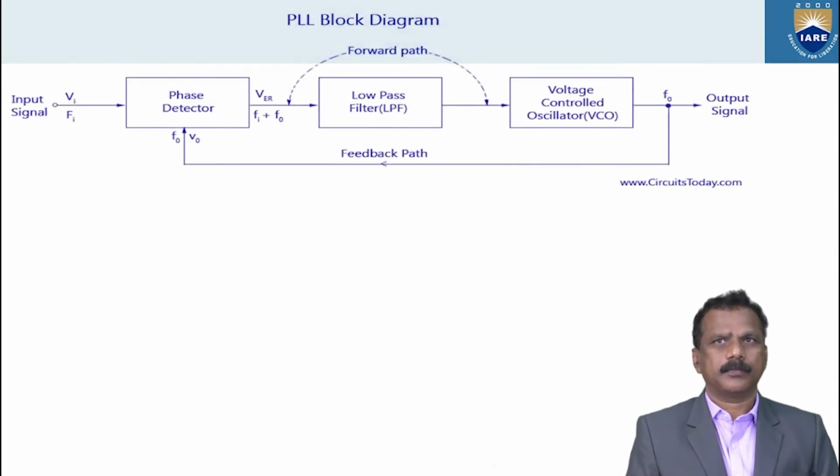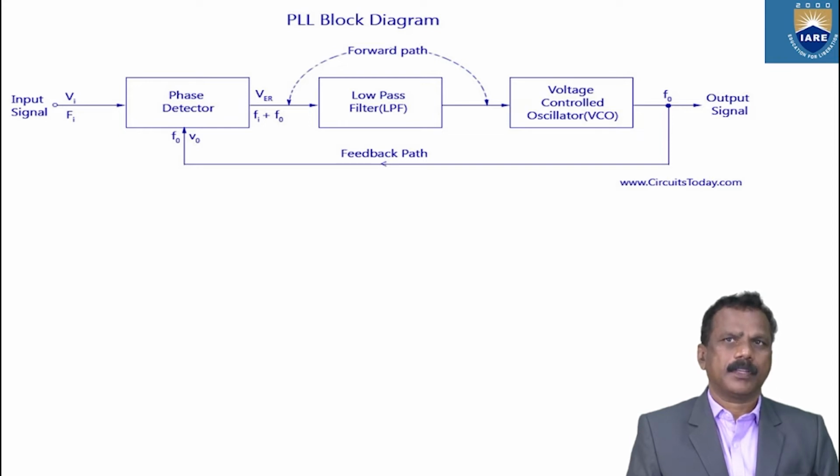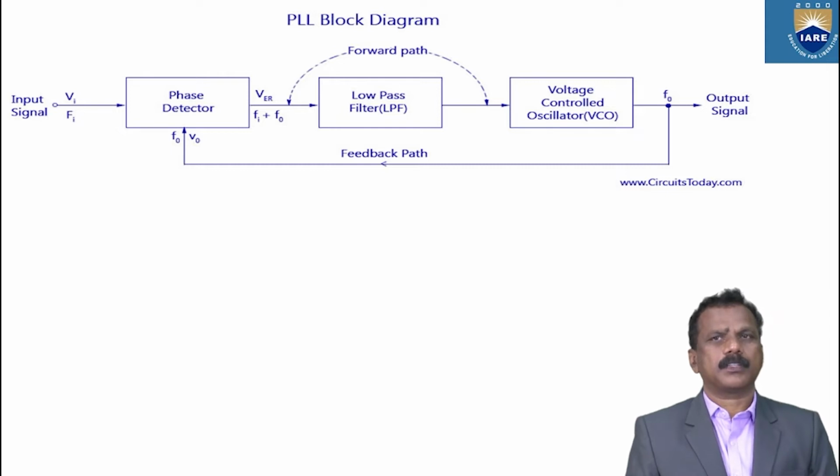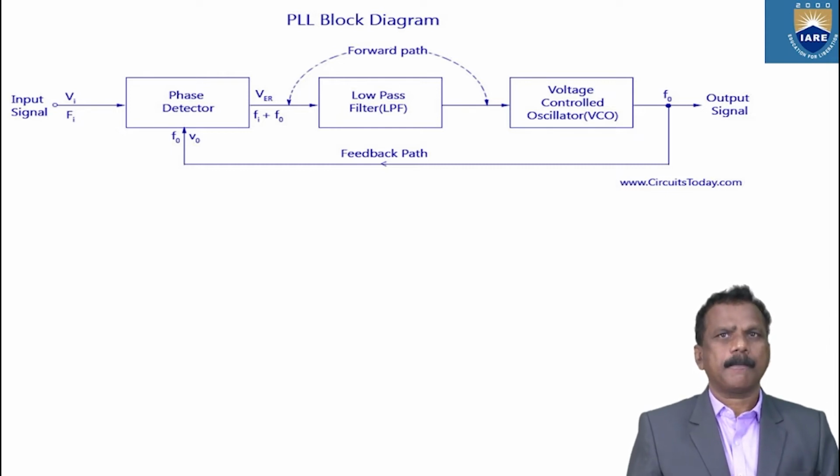Now consider the PLL, phase lock loop, block diagram. In the input section, the input signal Vin or F1 is given to the phase detector. The output of the phase detector is given to the low pass filter, which allows only low frequency components and opposes high frequency components.